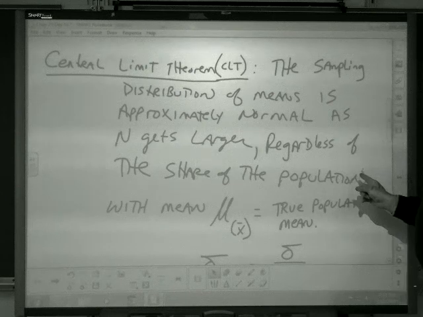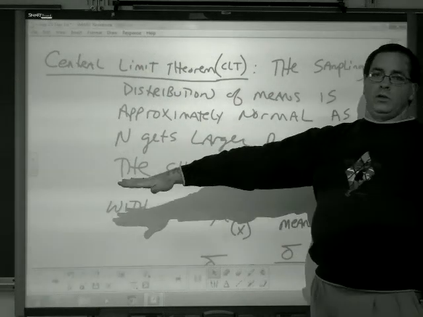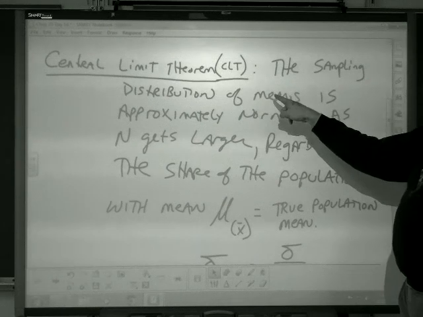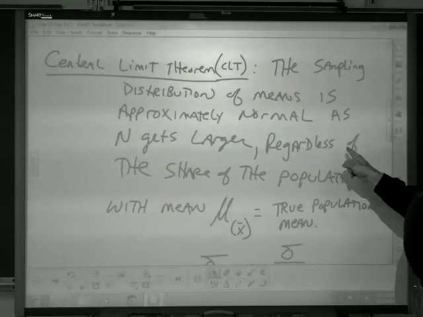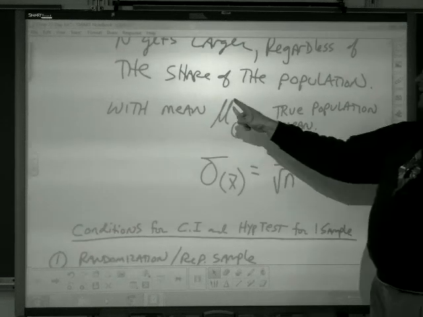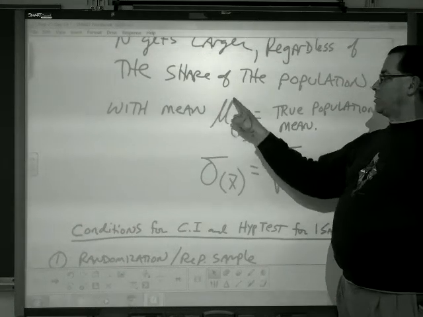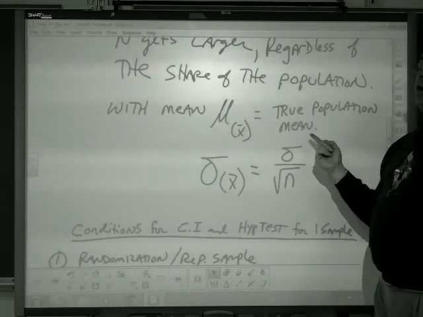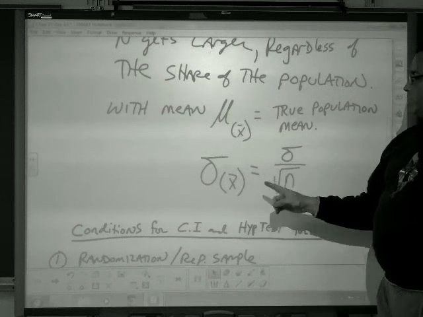Regardless of the shape of the population. Our population was skewed. We don't care. A distribution of means will be approximately normal as n gets larger. Now, its mean of means, this was our green arrow, should be very close to the true population mean, and ours was.